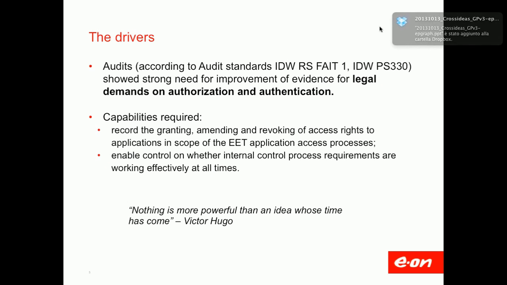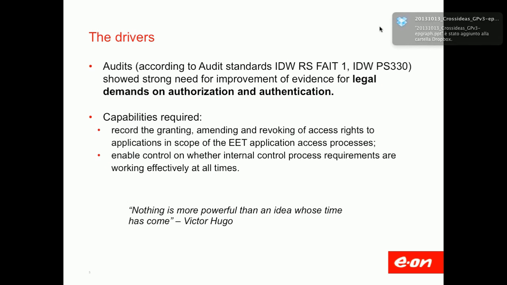So apart from external legal requirements, we felt it important to have one approach to two fundamental capabilities. That's to record the granting, the revoking, the amending of access rights to all applications in scope in E.ON Global Commodities, or the predecessor, which was E.ON Energy Trading.